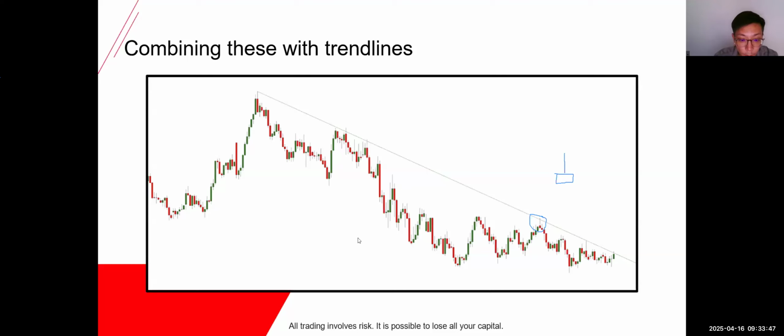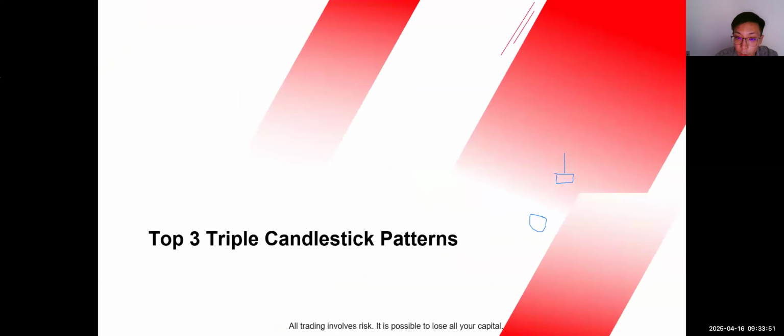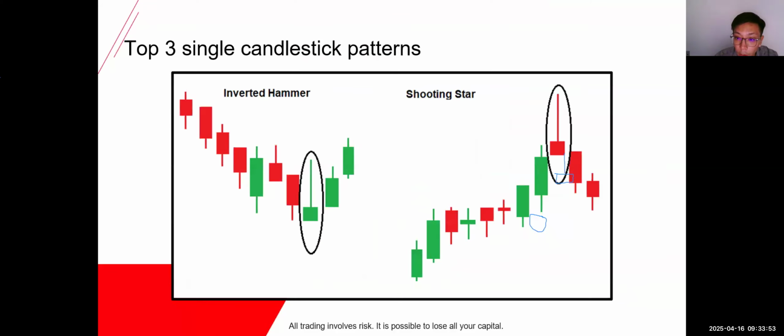Remember, if I go back to the previous slide, generally we are looking for sells because the channel is going down like that. And then we have bullish.